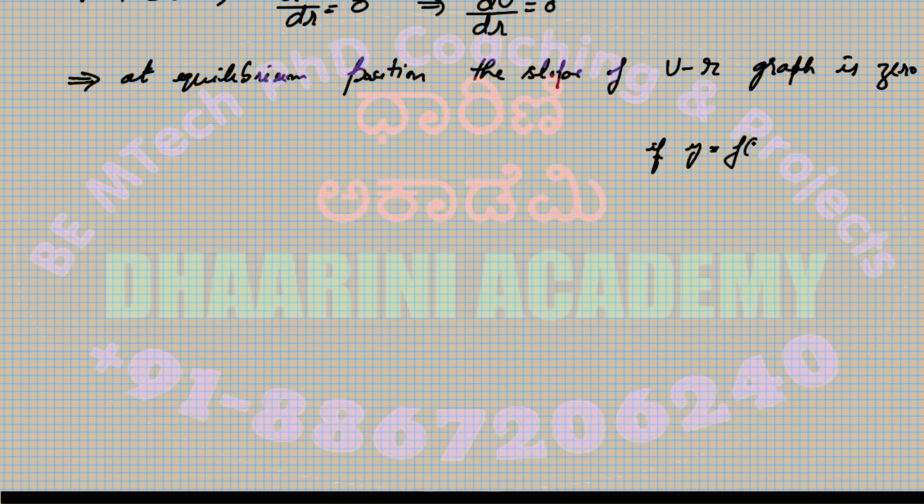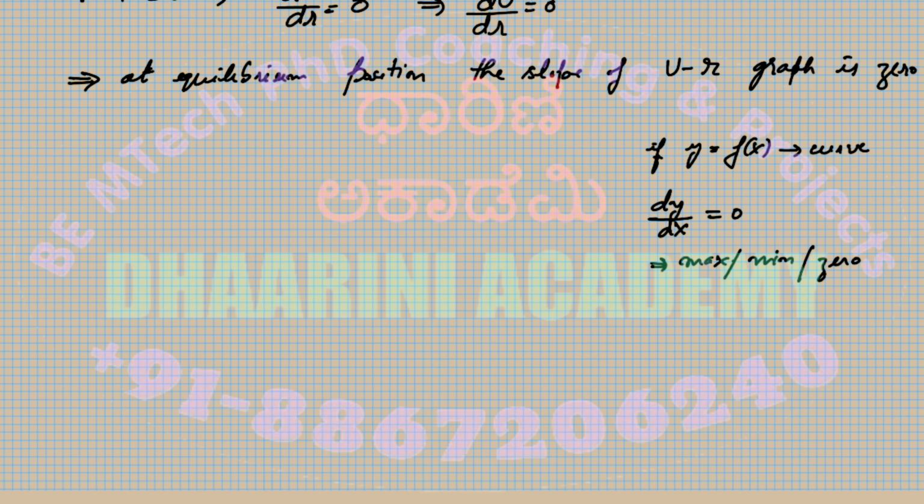Then if you say dy by dx, the differentiation, is equal to 0, this implies at this particular point either you have a maximum point, or it is a condition for minimum, or it is a condition for 0. If y is 0, dy by dx is still 0. So we have one of the three conditions to be met.